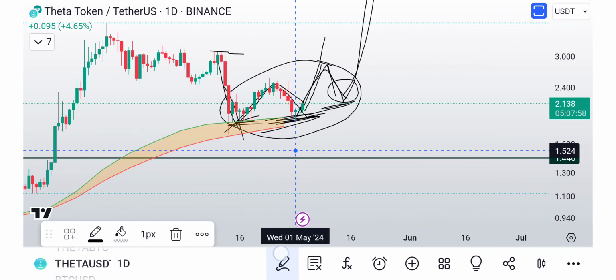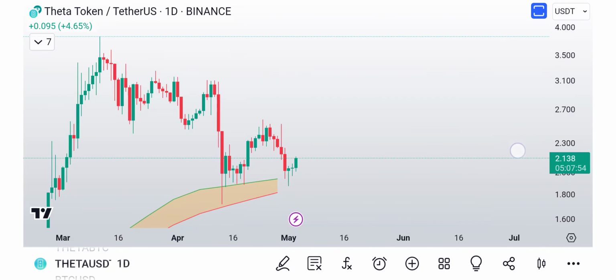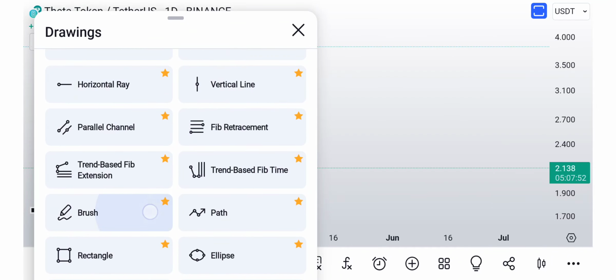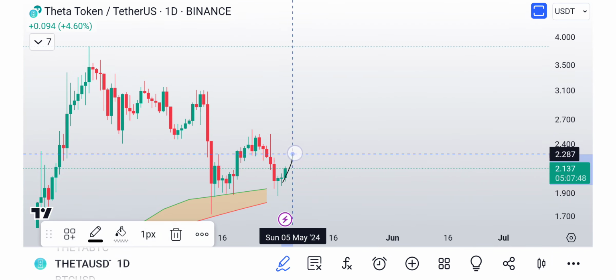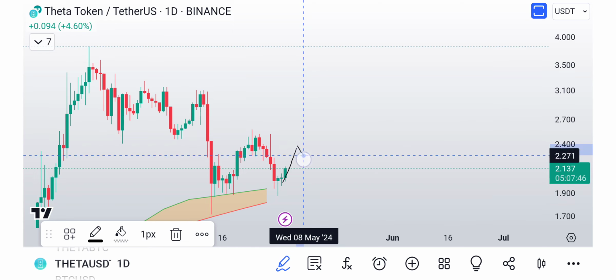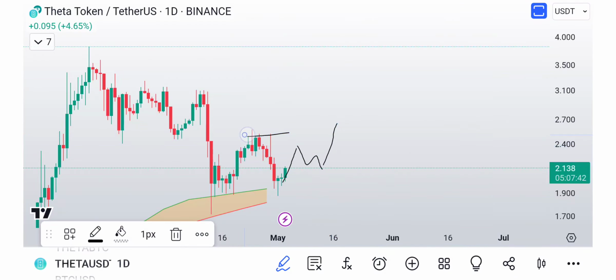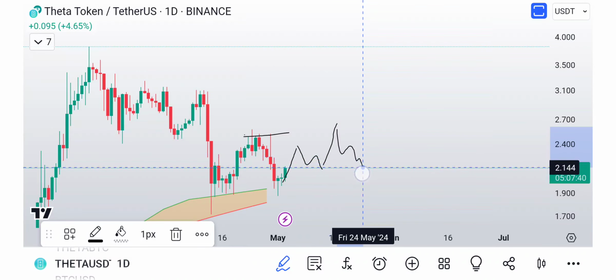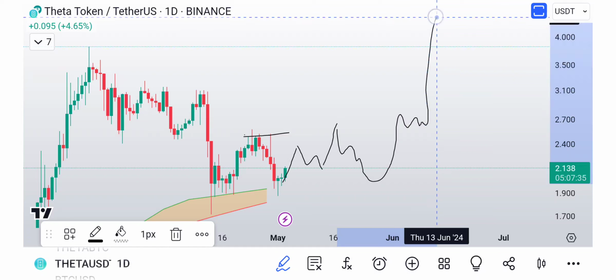So if that occurred with Bitcoin, then I could imagine that would occur the same with Theta, where Theta would make its way back up, maybe pull back, come back up, maybe take out the top, and then sort of pull back into a spring like this. Boom, something like that. But it would be kind of big.